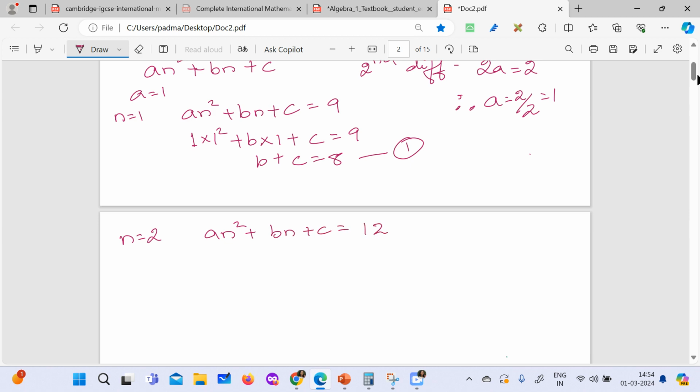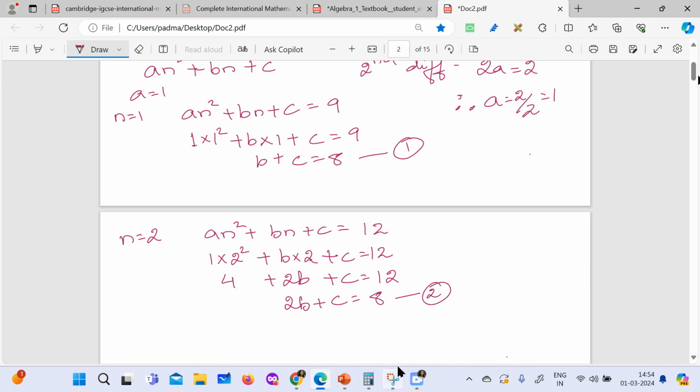Now I will substitute 1 in place of a and 2 in place of n. So you have 4 plus 2b plus c that equals 12. Hence our equation is 2b plus c is equal to 12 minus 4, that is 8. Is this clear to you?